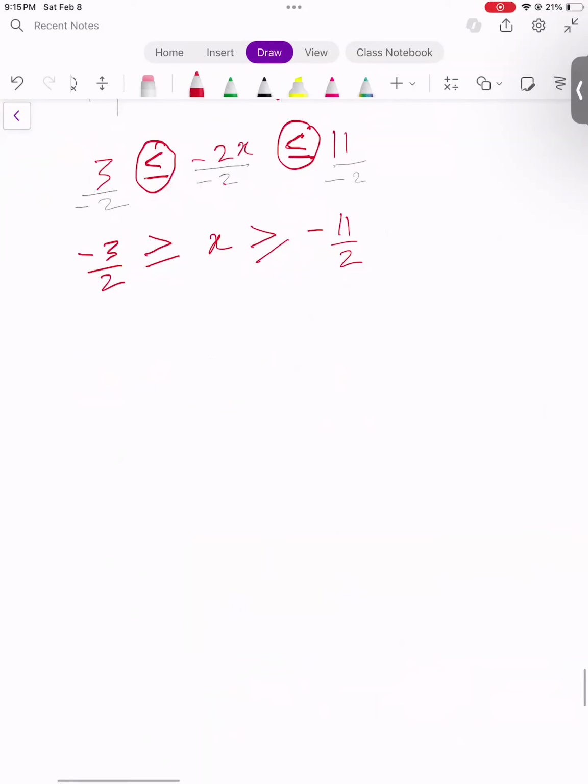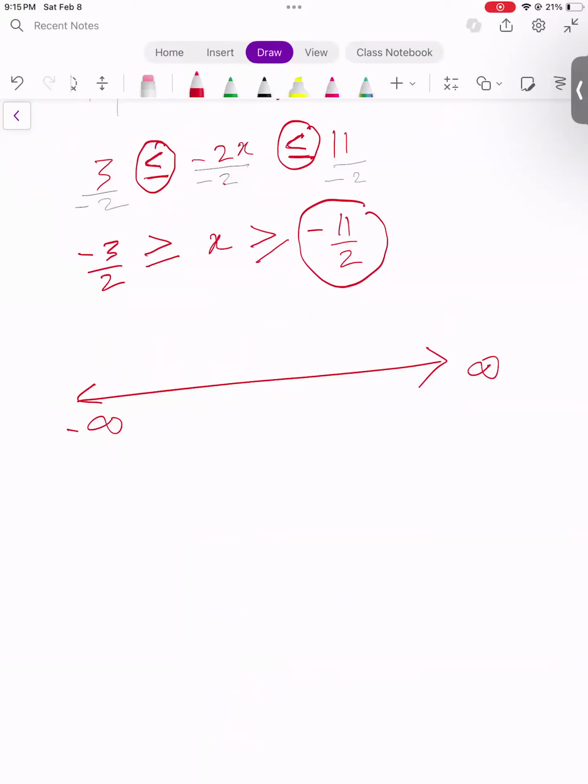Now this is the solution. We use the number line, negative infinity to positive infinity. Which one is the smallest? This is the smallest, on the left side, and this is the biggest, on the right. Now you have equals to, which means you're going to have a closed circle or a bracket.